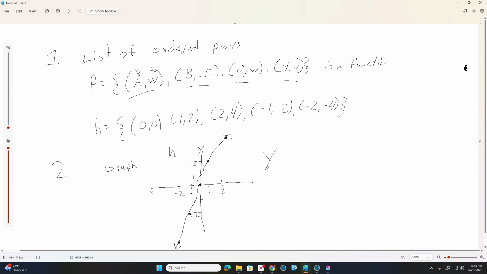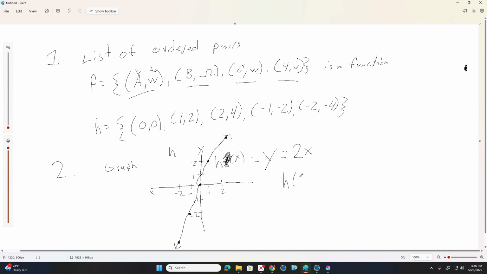There's another way that we can write this function. This is sometimes referred to as functional notation, where we again have our outputs as some function of the input. This specific one, I believe, is 2 times x. Whatever you give me as an input, my function just doubles it. So, sorry, this actually should be h.